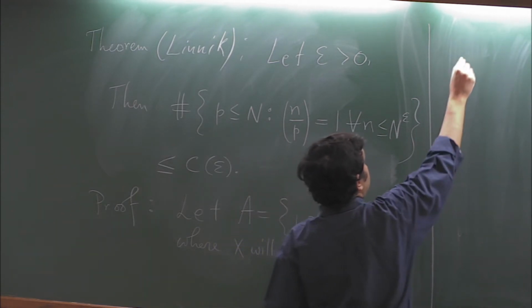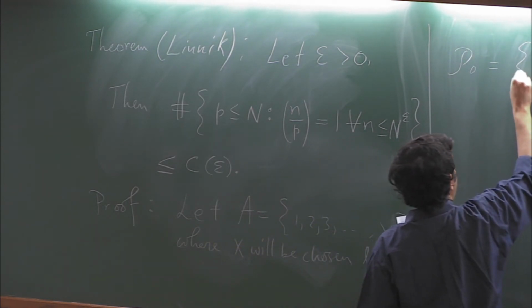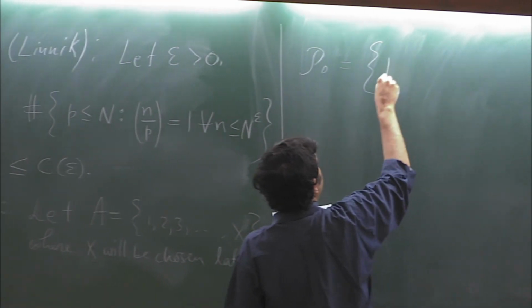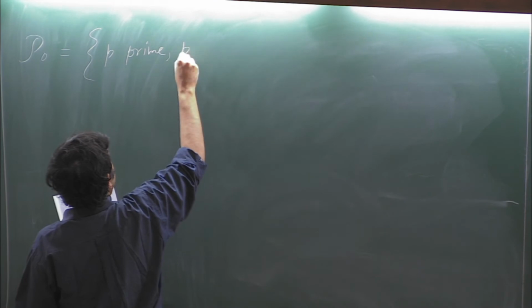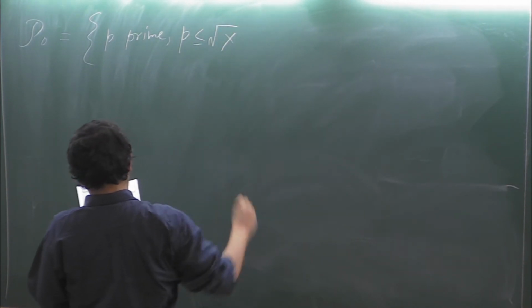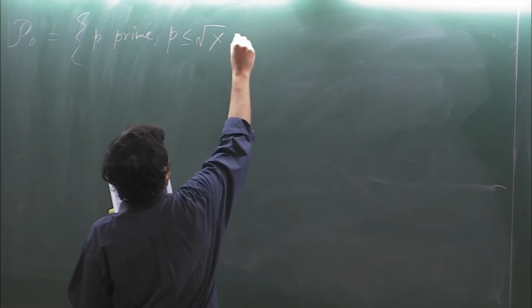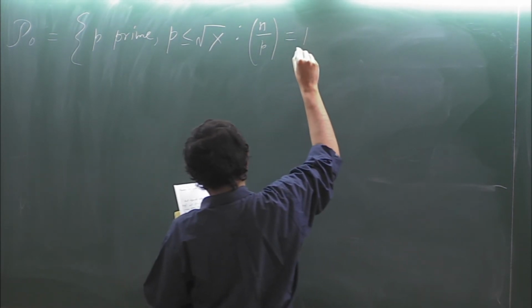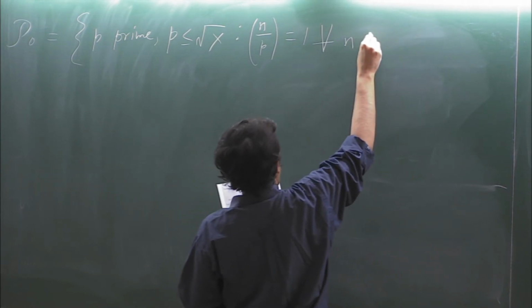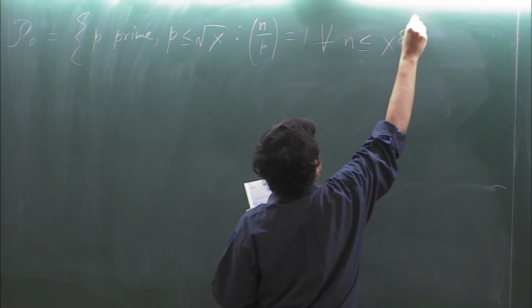You take the set P naught to be the primes p up to root x, such that (n by p) is 1 for all n bounded by x to the epsilon.